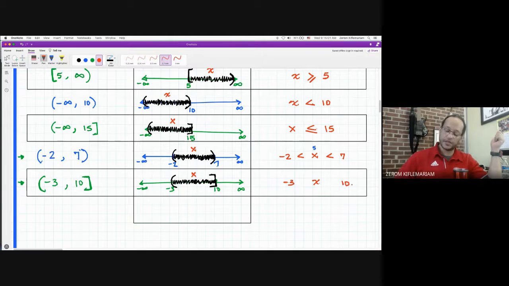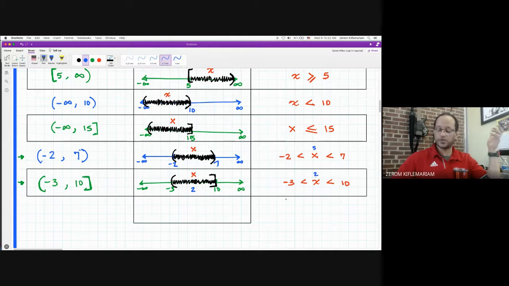So this time, again, it's going to be less than. If the numbers are in order, smaller number on the left, larger number on the right, it's always less than. The best way to check is to pick a number between -3 and 10, say 2.